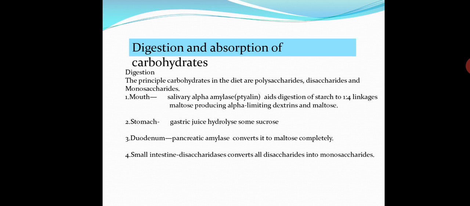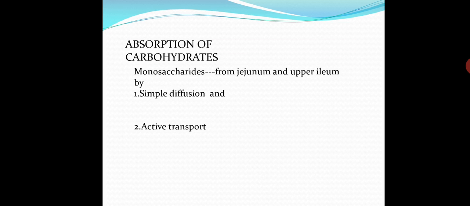Now, after this digestion, the absorption of carbohydrates takes place. Monosaccharides, which are formed either in the gut lumen or in the brush border of the epithelial cells, are absorbed from the jejunum and upper ileum. Negligible absorption also occurs in the stomach and colon.